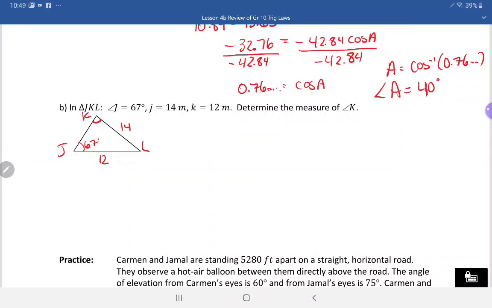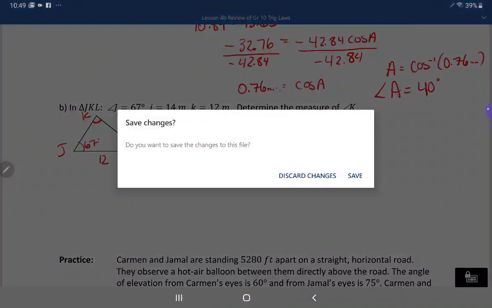The 14 and the 67 are both capital and lowercase j. So we can use sine law again. And sine law for an angle means we should do angles on top. So we're going to go sine k over lower k equals sine j over lower j. I'm just setting it up so that my unknown is first because I like my unknown on the left side.